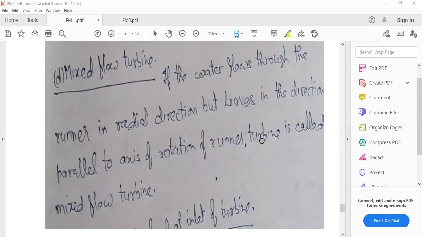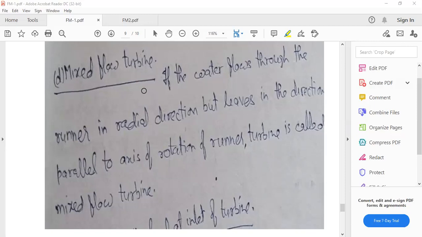Okay, so when water enters the runner through radial direction and leaves the runner in direction parallel to the runner, then this type of turbine is known as mixed flow turbine. So we have these four types of turbines: tangential flow turbine, radial flow turbine, then axial flow turbine, and at last mixed flow turbine.